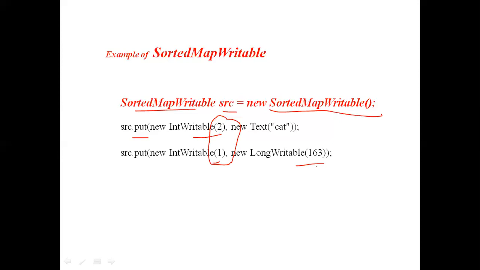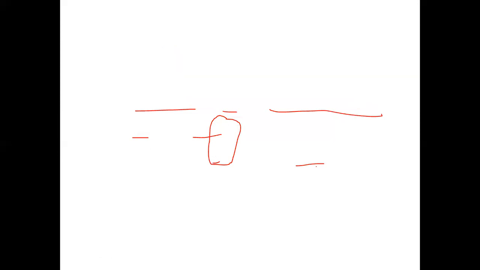Even though we are giving the keys in random order, it will sort the keys, and according to the keys, the values will be stored in sorted order. That's why its name is called SortedMapWritable. Is it clear? Yes, these are examples of MapWritable as well as SortedMapWritable.